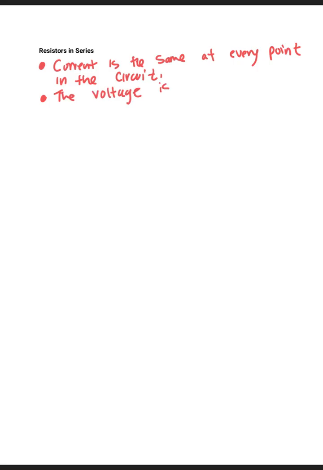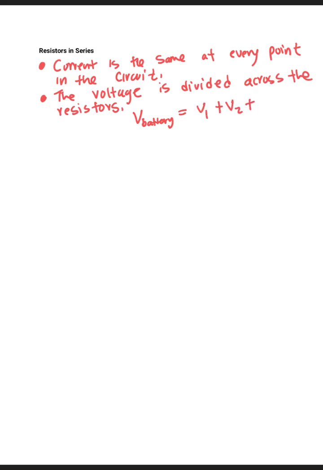The voltage is divided across the resistors, and this will be in the form of: voltage of the battery equals voltage V1 plus V2 plus V3, where 1, 2, 3 represent points on the circuit, right?